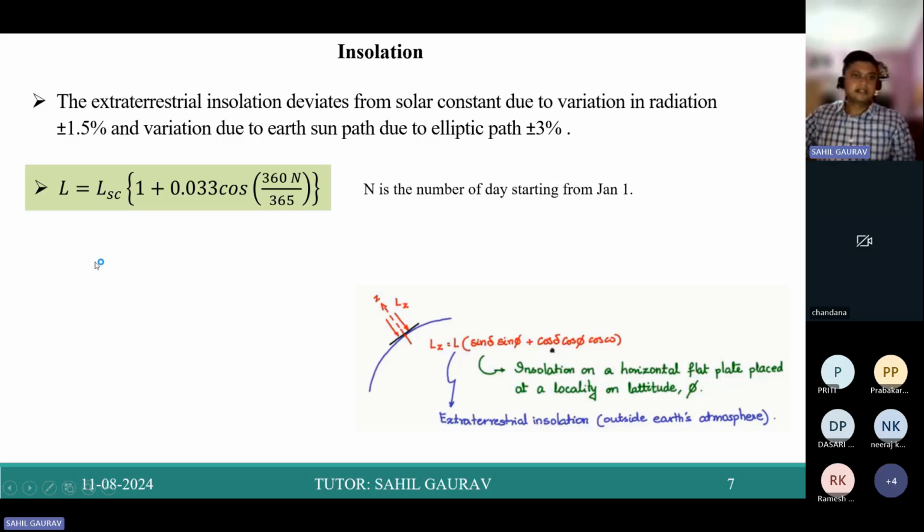And this solar constant, we know its value is 1.37 kilowatt per meter square. So if we want to write the extraterrestrial insolation, then it is L equals Lsc into 1 plus 0.033 cos of 360 n upon 365. And here n is the number of days starting from January 1st.